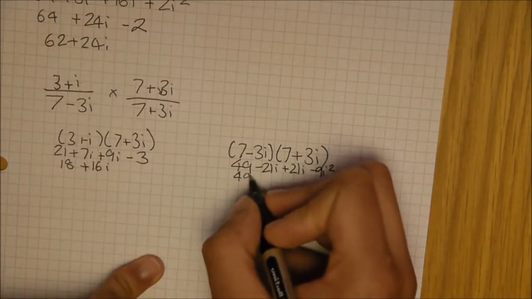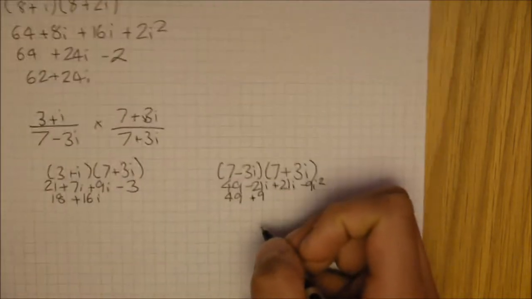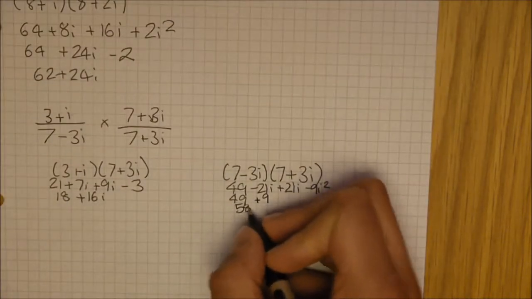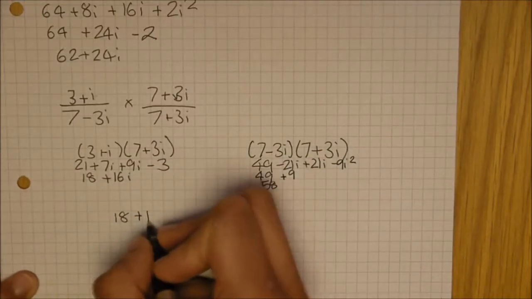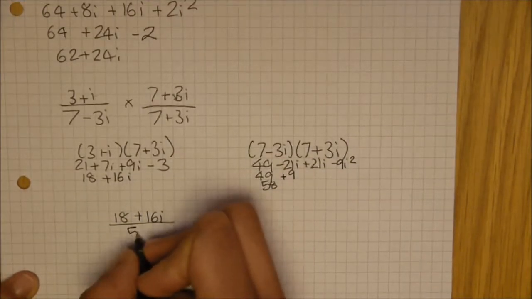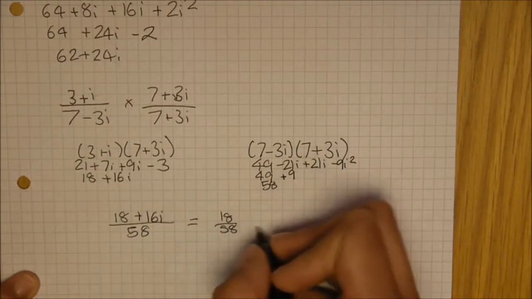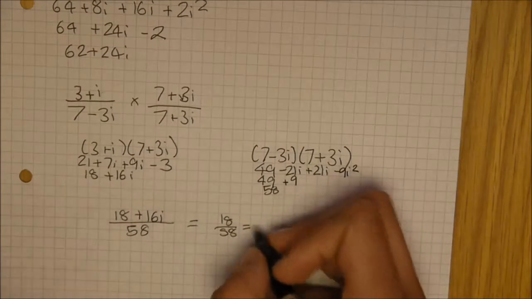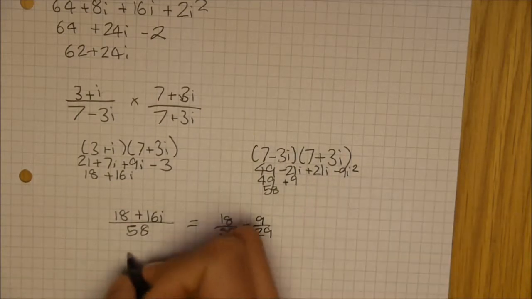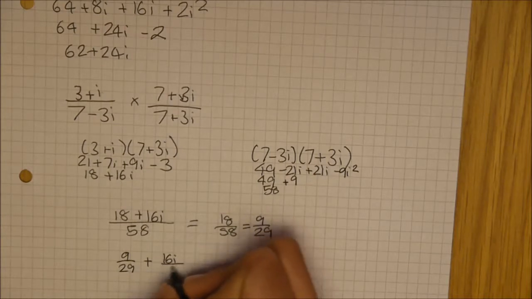So 49 plus 9 really, and that is going to give us 58. So what we now have is 18 plus 16i over 58, which we can write as 18 over 58, which cancels into 9 over 29. So we can write this as 9 over 29 plus 16i over 58.